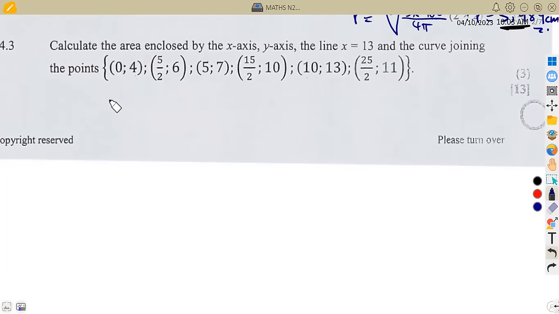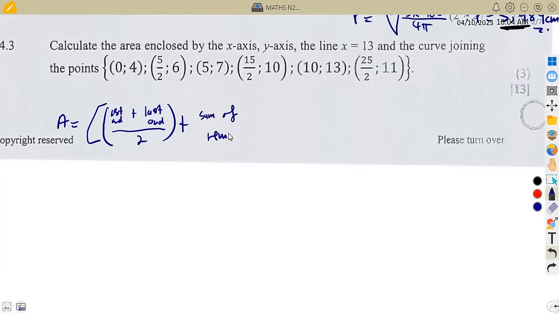From your formula sheet, the area is given by the first ordinate plus the last ordinate, everything over 2, plus the sum of the remaining ordinates, times the distance between the ordinates.